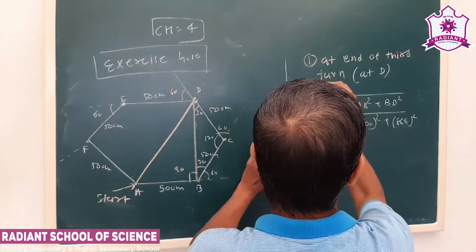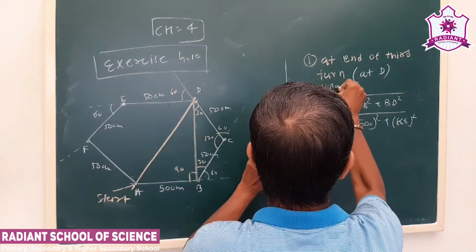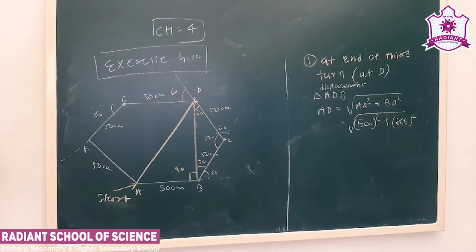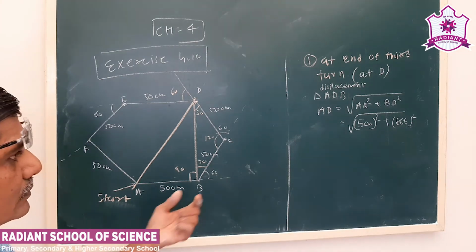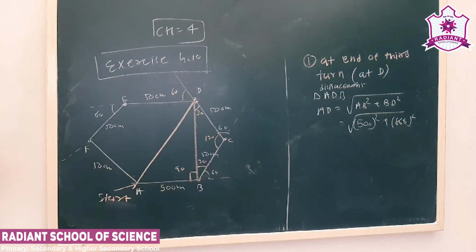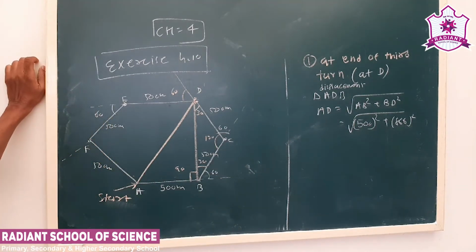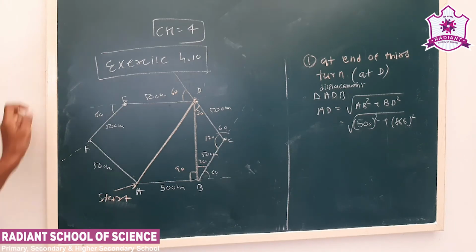Now this AD is nothing but the displacement. AD we can find out, so this you can easily solve. Now this was for the end of the third turn.